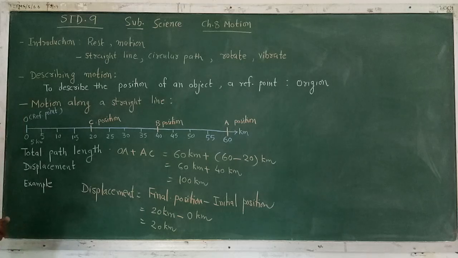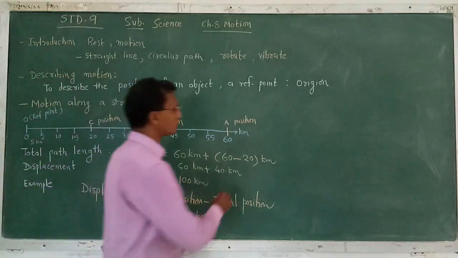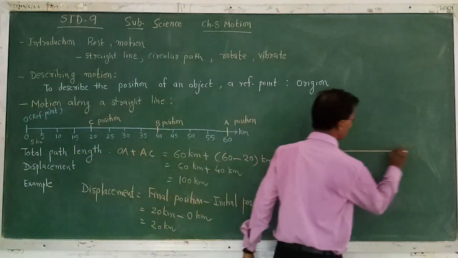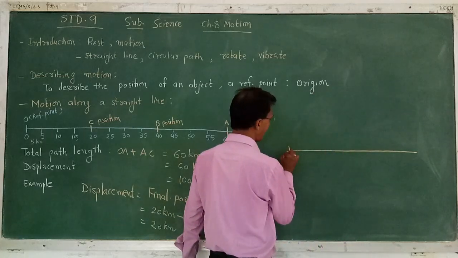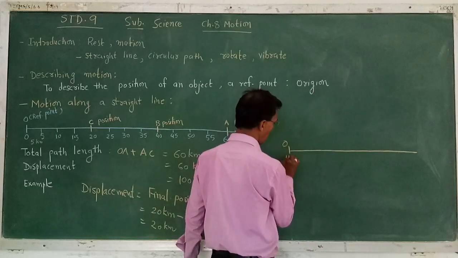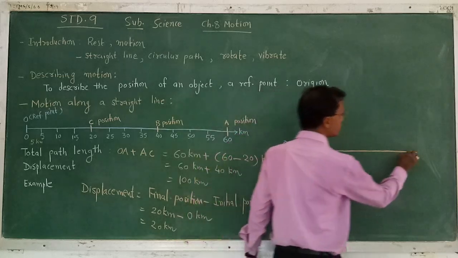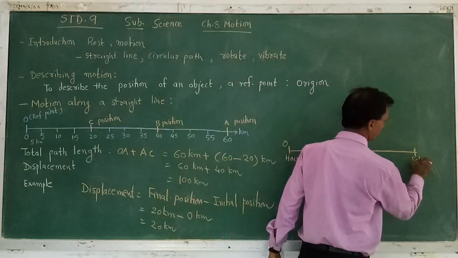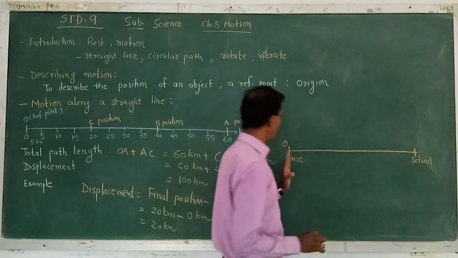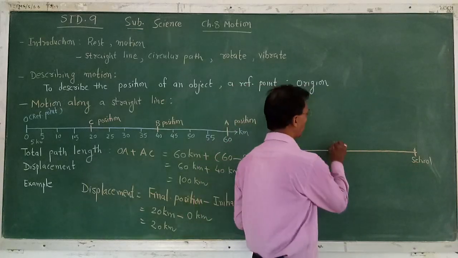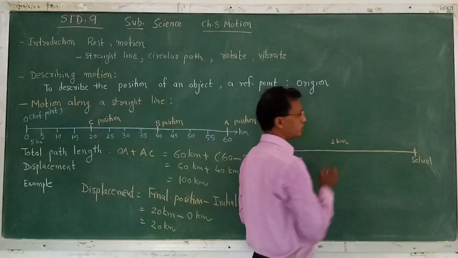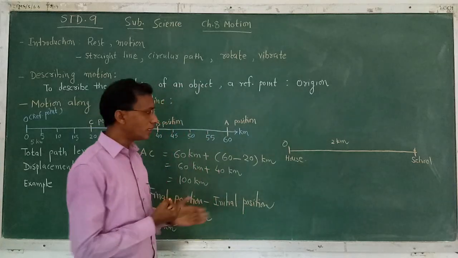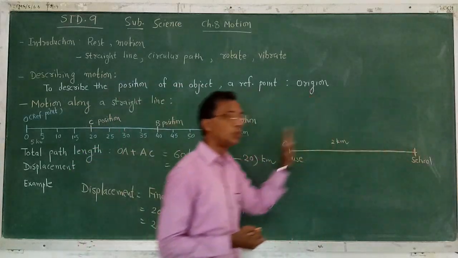Let us take an example. Suppose this reference point O is our house and this is the school. The distance between the house and the school is 2 kilometers. Now the student covers the distance from house to school and school to house.